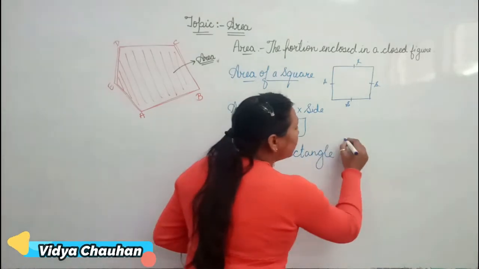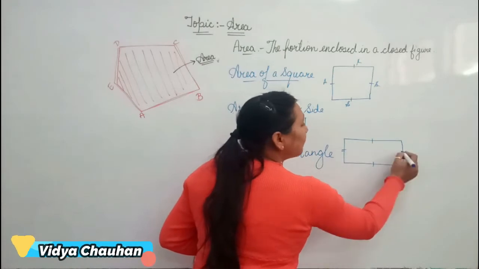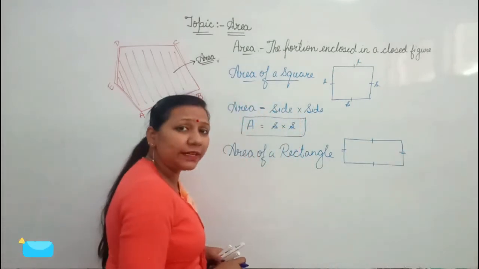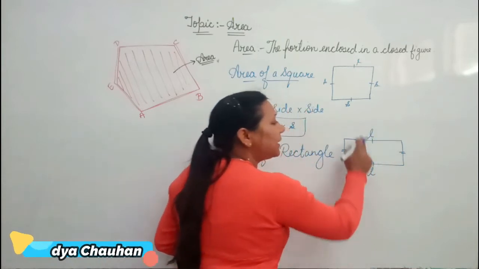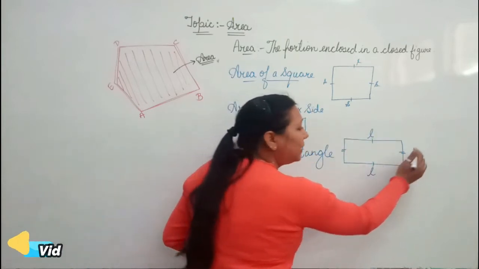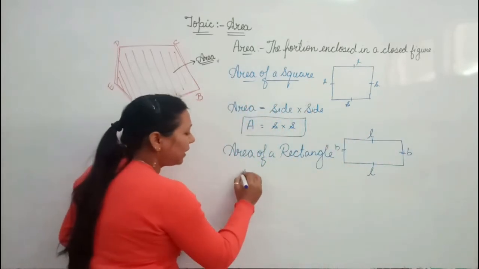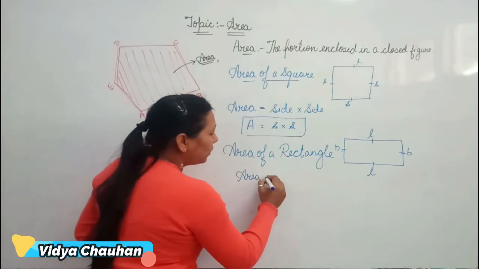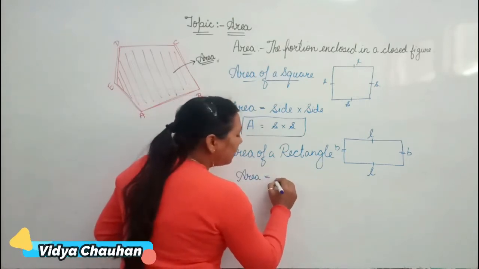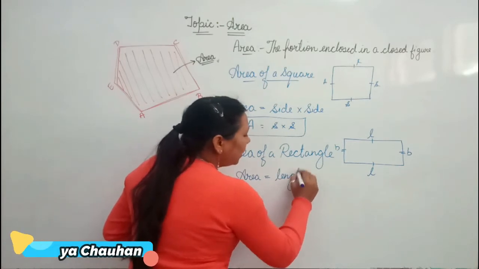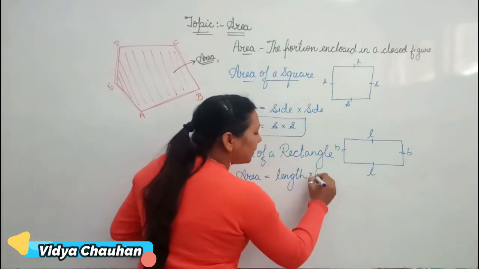Similarly, if we have to find the area of a rectangle, so rectangle is a closed figure whose opposite sides are equal. Let's suppose these two opposite sides are length, the longer side as length and the shorter side as breadth. So in that case, the area of a rectangle will be equals to the two sides, that means length into breadth.